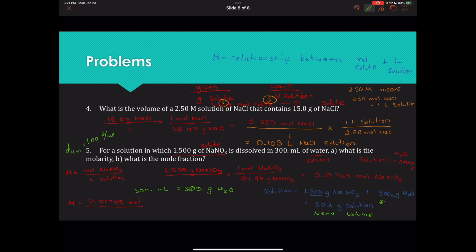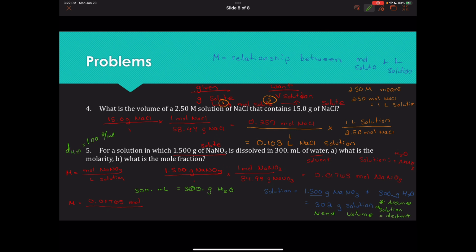So we're going to make a very important assumption here. I have 1.5 grams of solute compared to 300 grams of solvent. It's a very, very small amount of solute compared to my solvent. When that's the case, when we're looking at very small amounts of solute, what we can assume is that my solution density is the same as my solvent density.